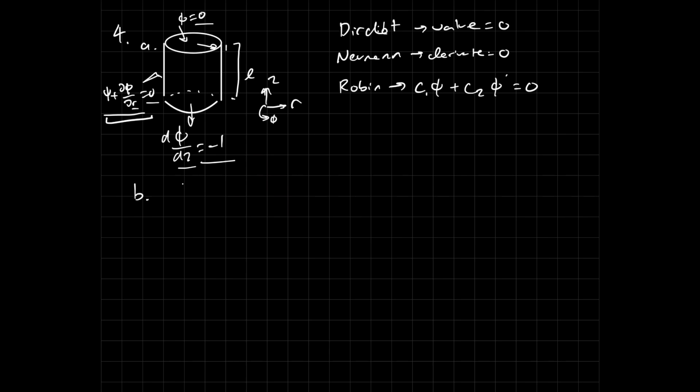So therefore, from here, we can conclude that the r direction is homogeneous, and non-homogeneous is the z.